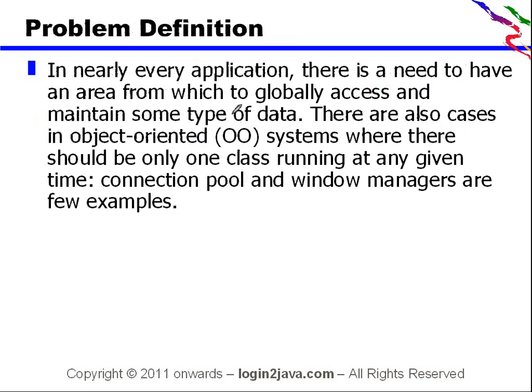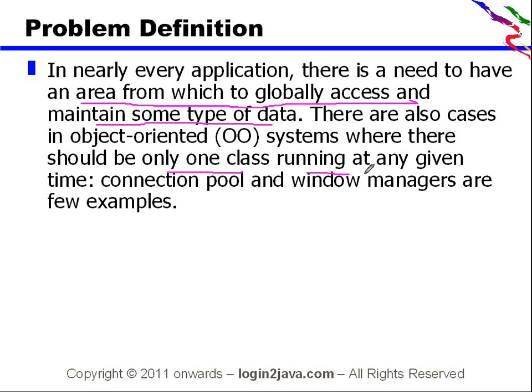Problem definition. In nearly every application, there is a need to have an area from which to globally access and maintain some type of objects. There are also cases in object-oriented systems where there should be only one class running at any given time.